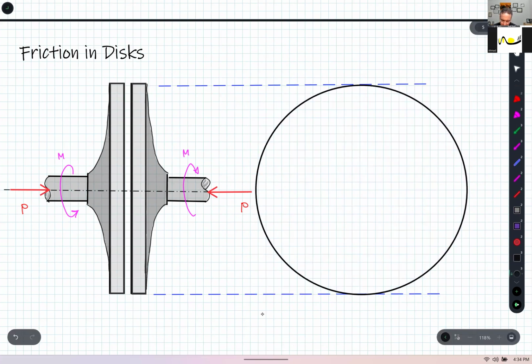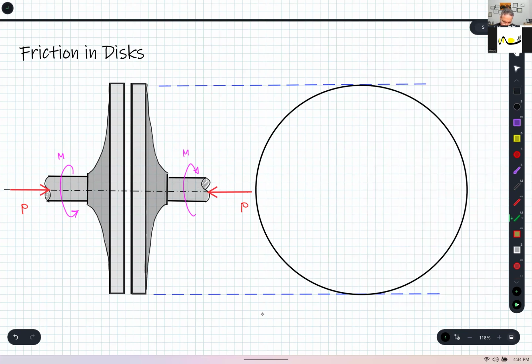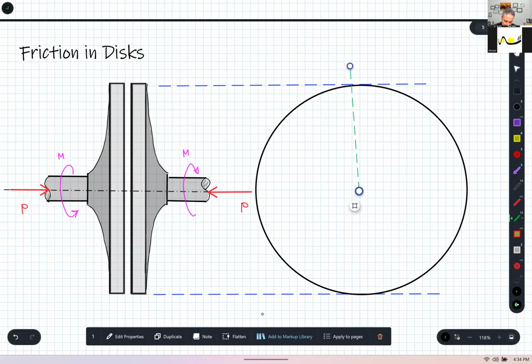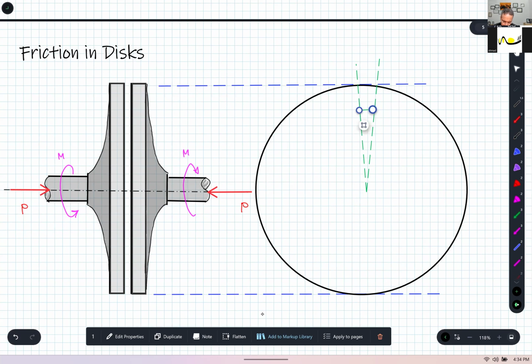Now let's look at a small element on this disk, a tiny element, which I'm just going to exaggerate a little bit.